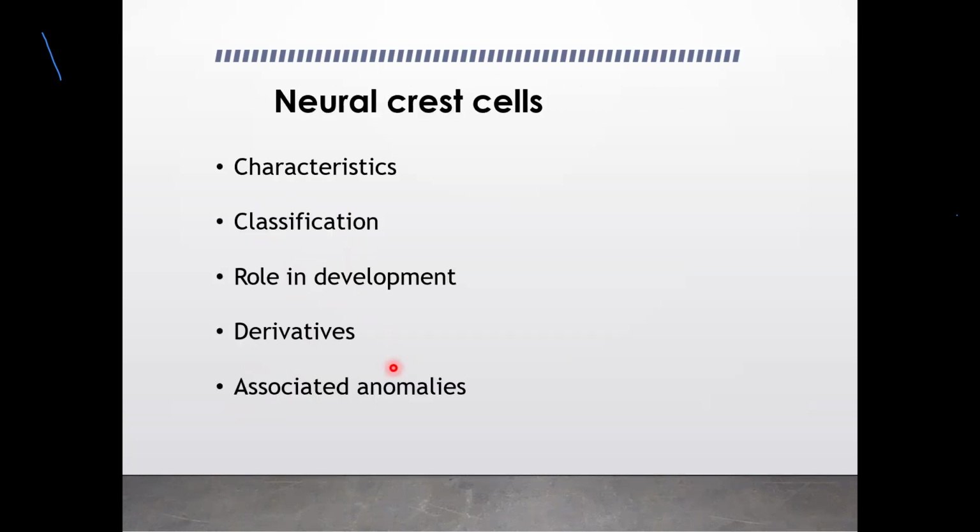Maybe we can just mention what are some of the anomalies that you know that are associated with neural crest cells. I know some of us have read ahead a little bit, and some of them we saw when we were talking about the development of the integumentary system. So which anomalies come from neural crest cells? Rachischisis, ideally, is an anomaly of neurulation, but it's not an anomaly of neural crest cells.